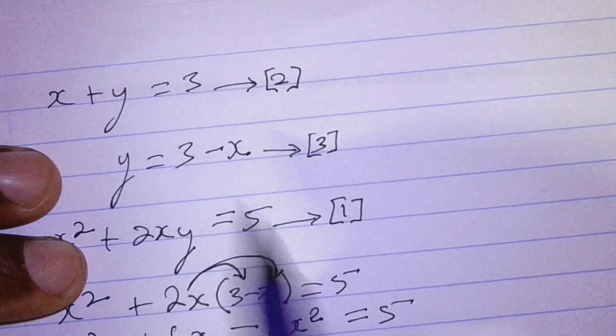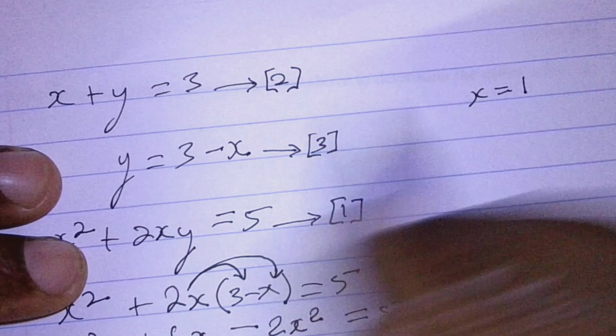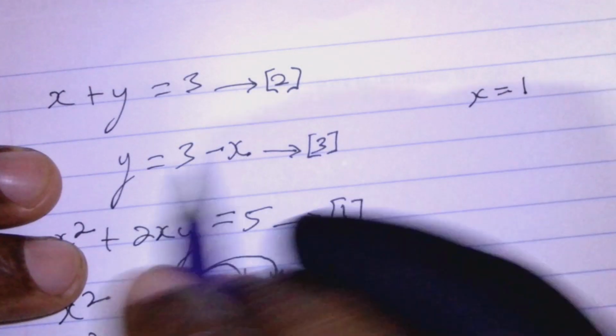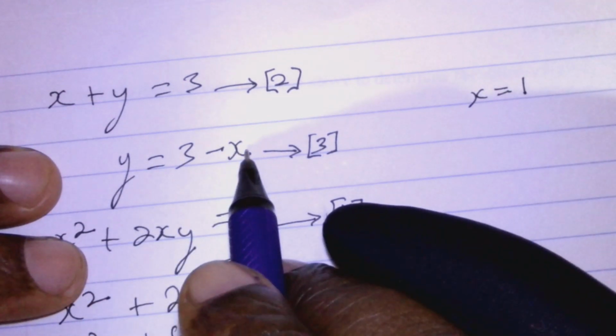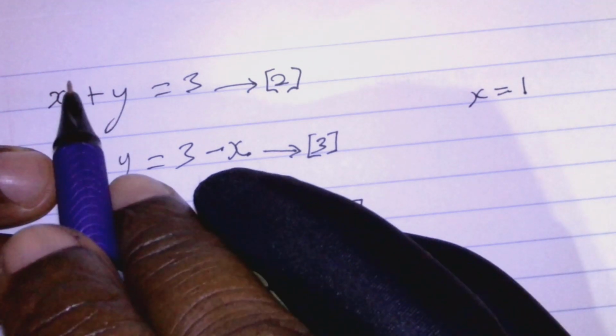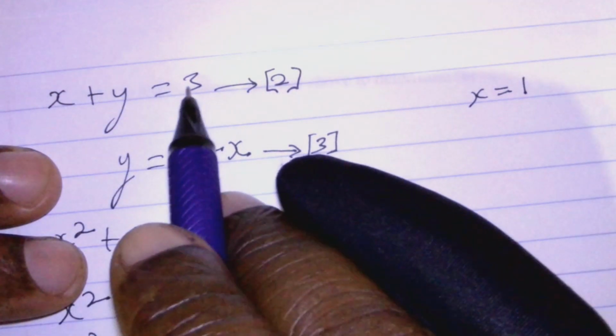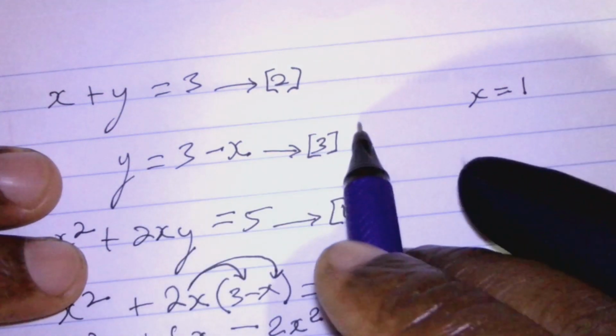So for instance, remember we found the x value to be 1. When you put 1 here, what happens? y is equal to 3 minus 1, and 3 minus 1 is what? 2. I mean, we could have done it here too. We could have said, okay, x is 1, so 1 plus y equals 3. 1 plus 2 equals 3, so y is 2. Okay, so we already have that solution.